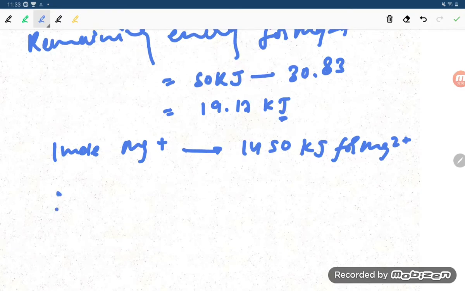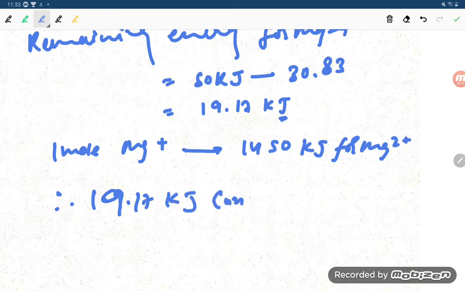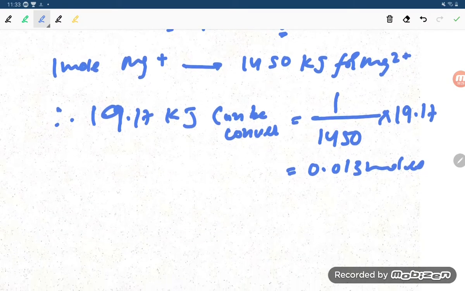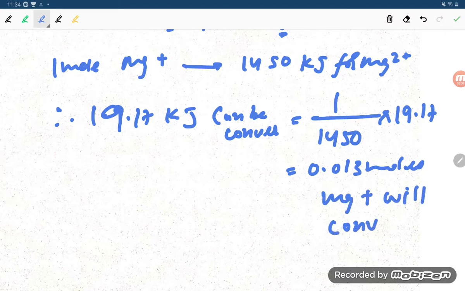Therefore 19.17 kilojoule can convert 1 upon 1450 into 19.17. So how much is coming, student? 0.013 moles of Mg plus will convert into Mg2 plus.